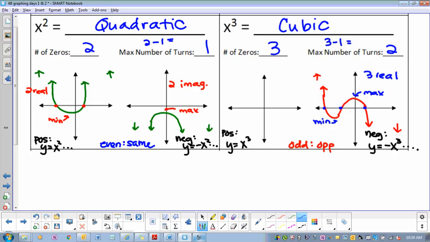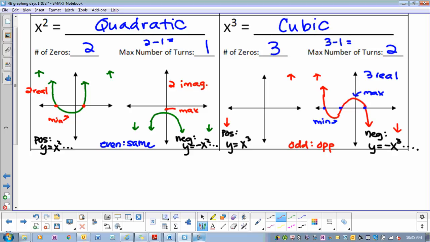So now let's talk about the positive, and we're actually going to look at the parent cubic function, okay? So I have a positive, that means my right arm is going up, and since this is an odd function, the left one should be doing the opposite, going down, okay?